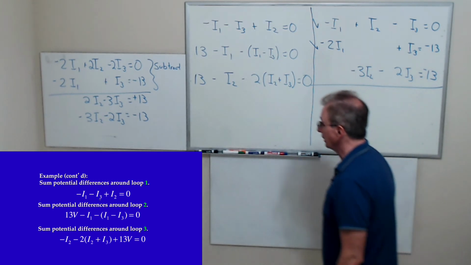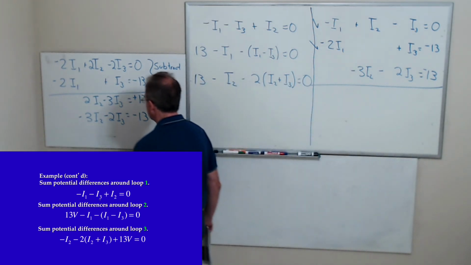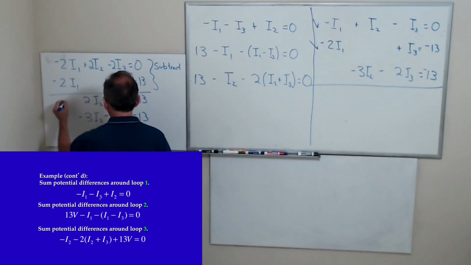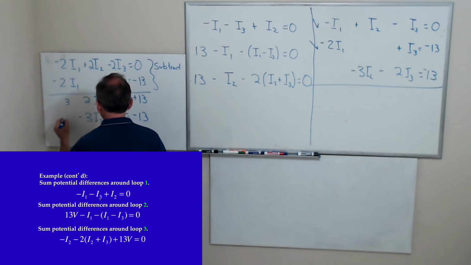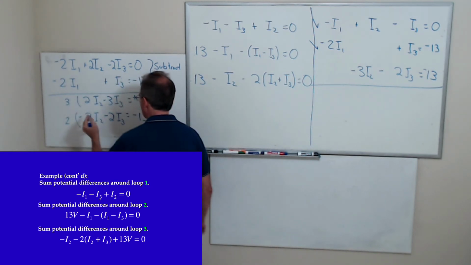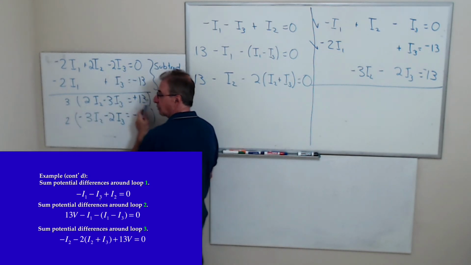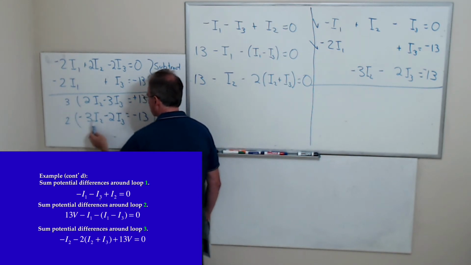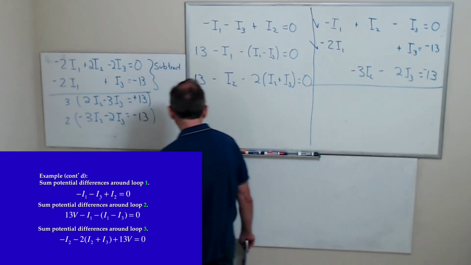Now I'm going to take this equation and put it underneath. And what I'm going to do is I'm going to multiply this by 3 and this by 2. So I'm going to multiply this row of equations by 3 and this row of equations by 2. And what do I get?